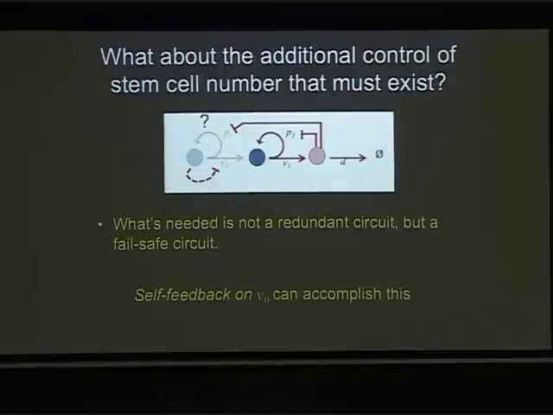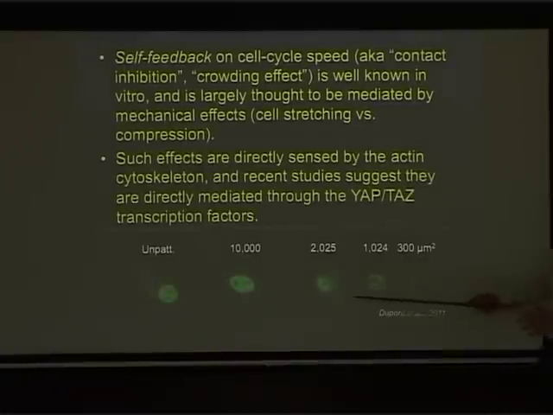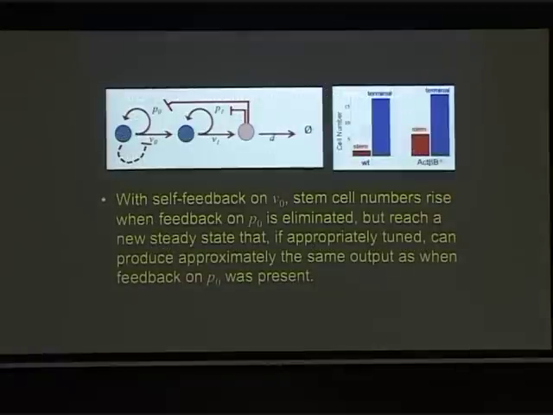It's certainly observed in cells in culture. You can also observe it in tissues by squeezing them. And more recently, it's been suggested what the molecular mechanism is. If you're interested, it's not really important in this context, but there actually are transcription factors that move from being in the nucleus to being out of the nucleus, depending upon whether the cell is under compression or under tension. And how that's done is an interesting story.